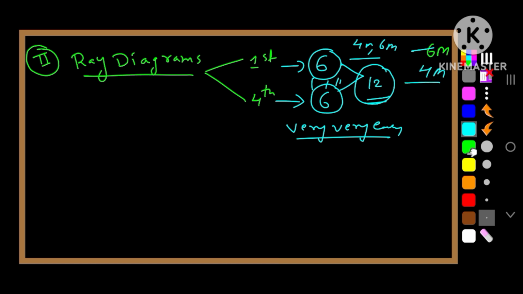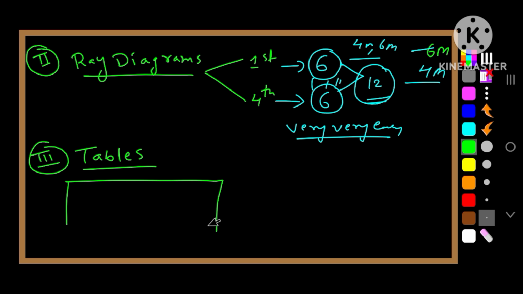Now when you go to the next important thing, that is the third one, simply you have to practice the tables. Generally what he is asking, he is going to give a table.